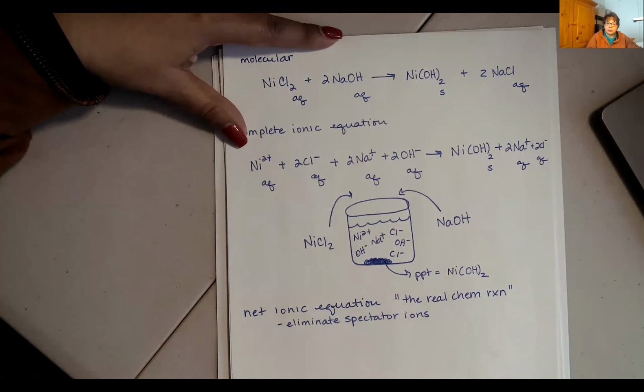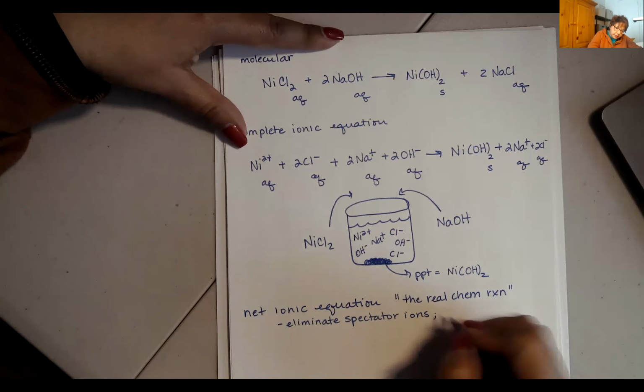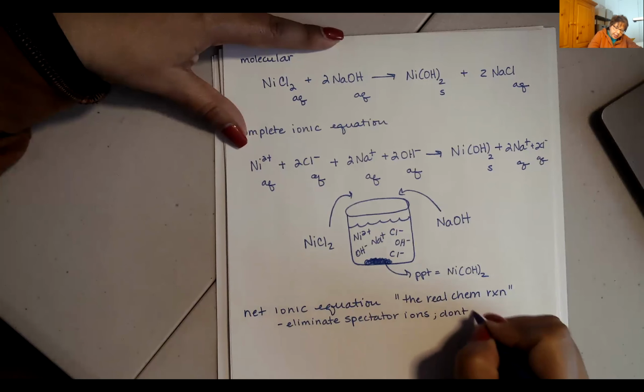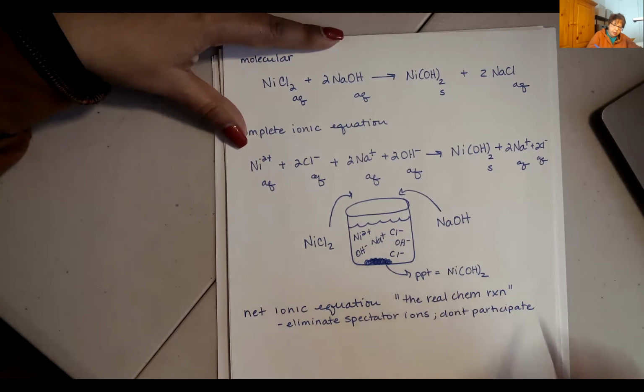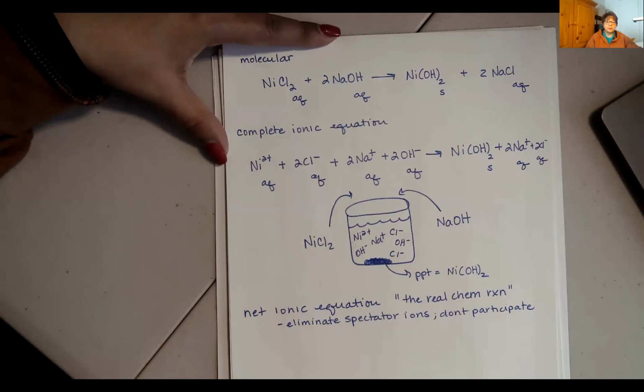Spectator ions don't participate in the reaction. They're present, but they don't actually precipitate, or they don't actually participate in the reaction.